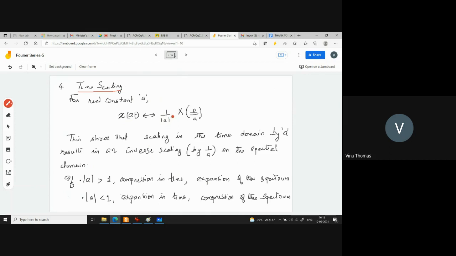For the Fourier series, I'll write the corresponding property here.